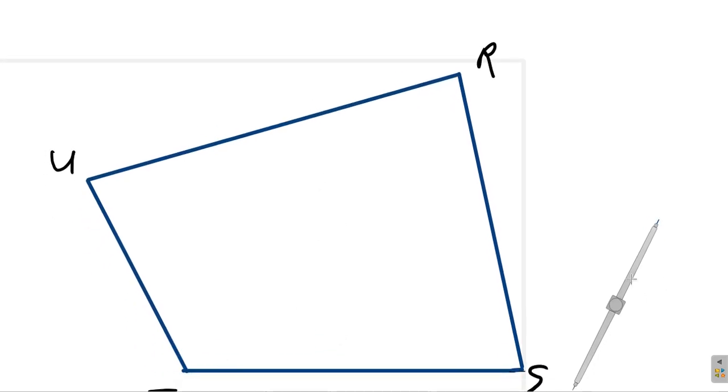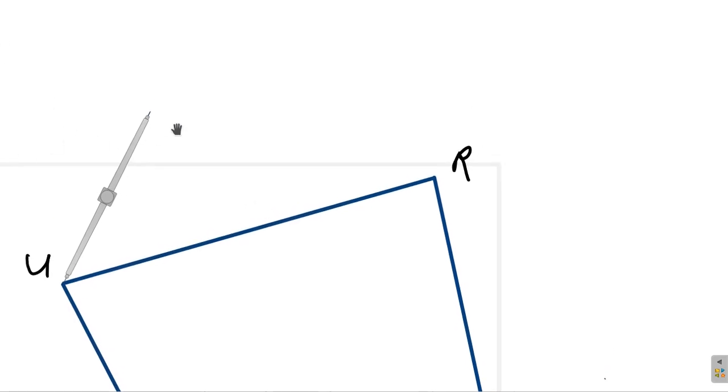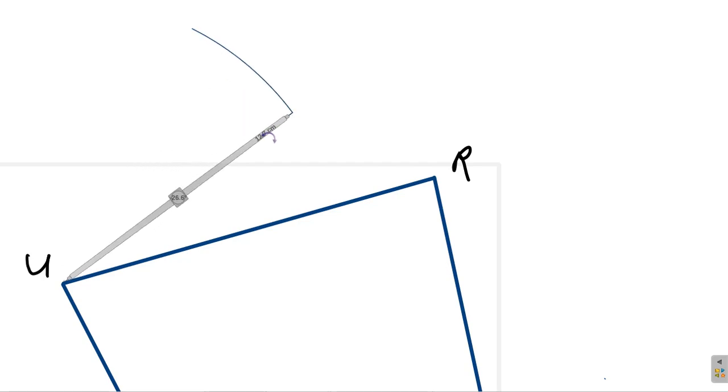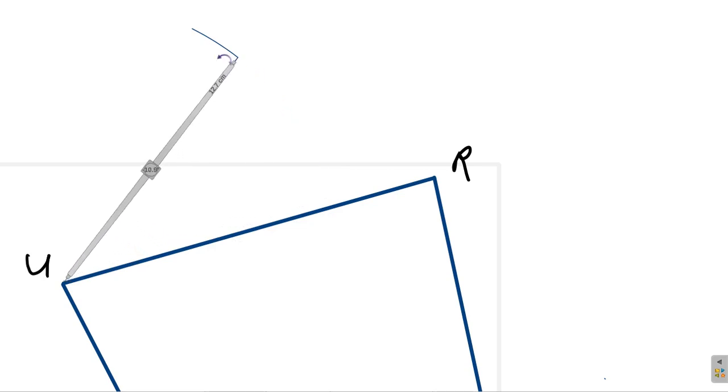Now, let us place the compass point on U. Open it to a convenient radius that is more than half the length of the line you're bisecting, and swing an arc. Let me keep it this way.